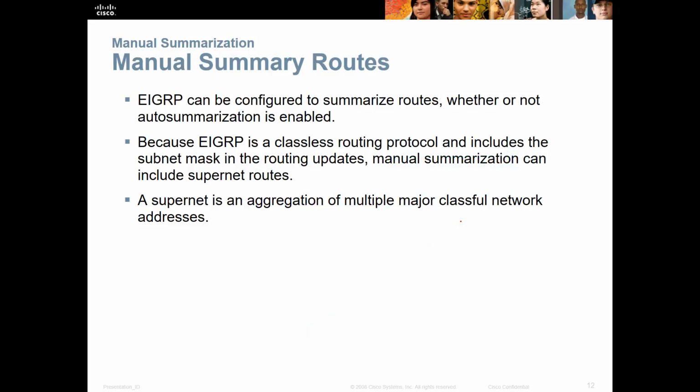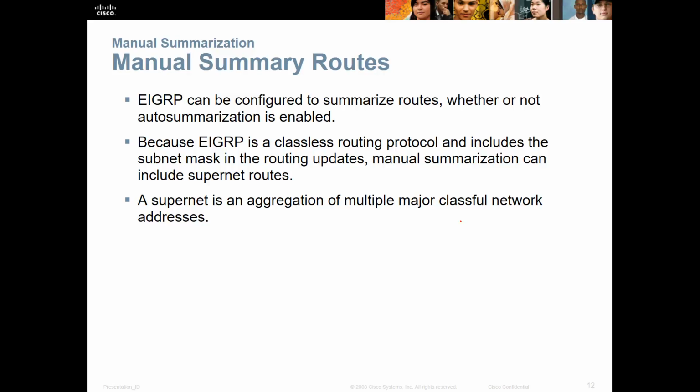You can manually summarize routes if you want to. EIGRP can use summary routes whether you auto-summarize or not, because EIGRP is classless. Routing protocols include the subnet mask in the routing updates. So manual summarization can include a supernet route.